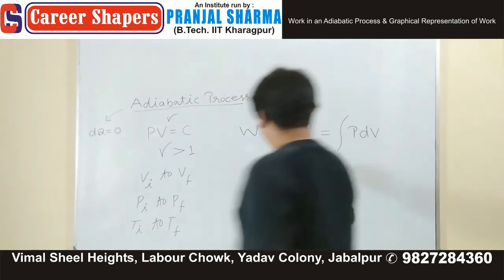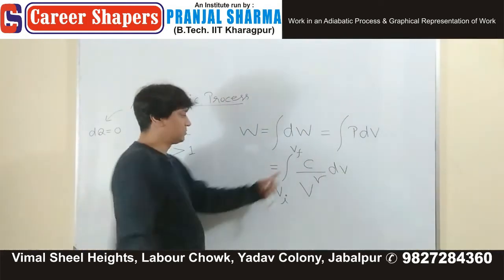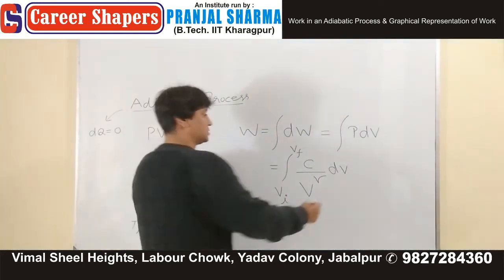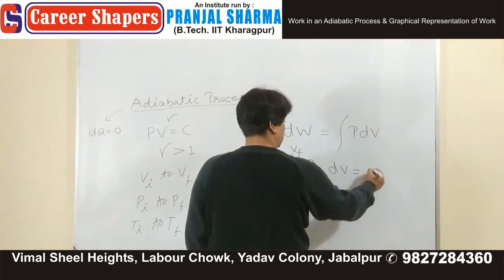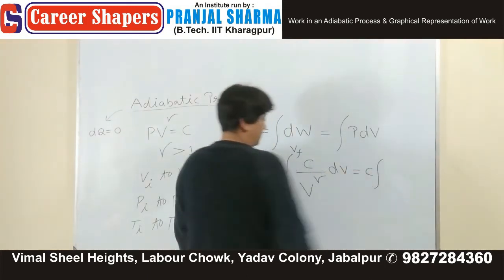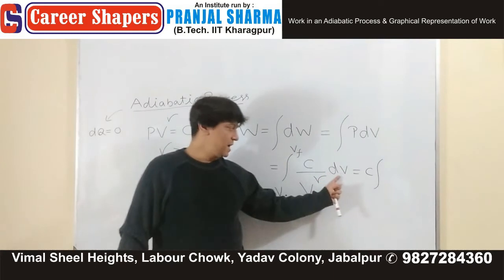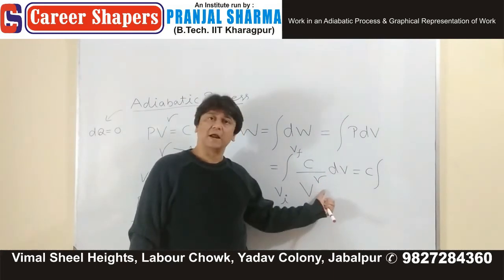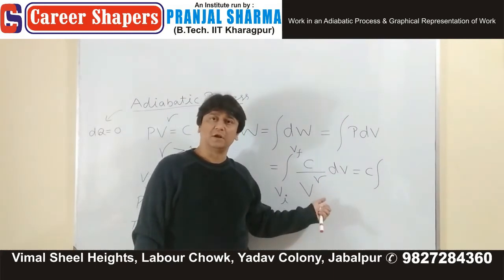Now, how do you integrate something like this? C is a constant, take it out. This is dx, this is x to the power n, but this is in the denominator.